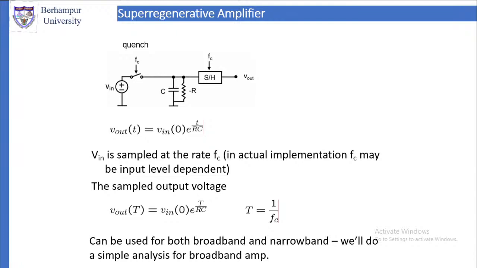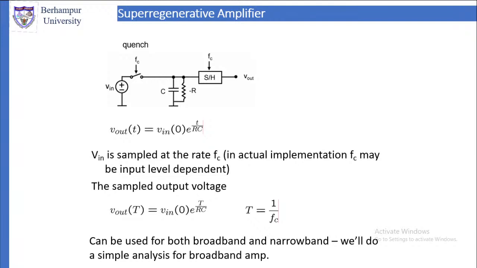In practice, the implementation of Fc can be dependent on the input level, whether high or low. With high input, Fc is on; with low or zero input, Fc is off.